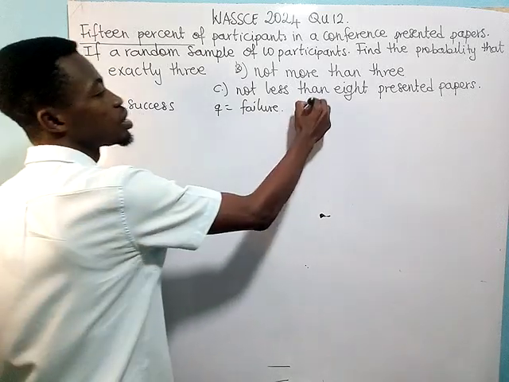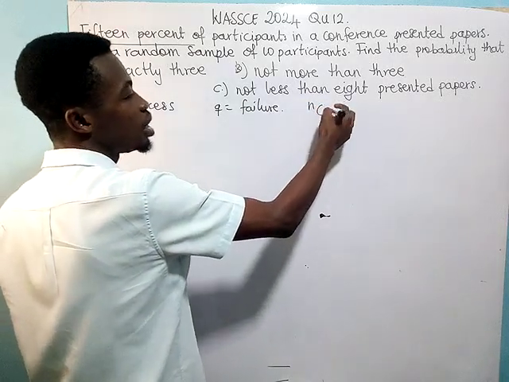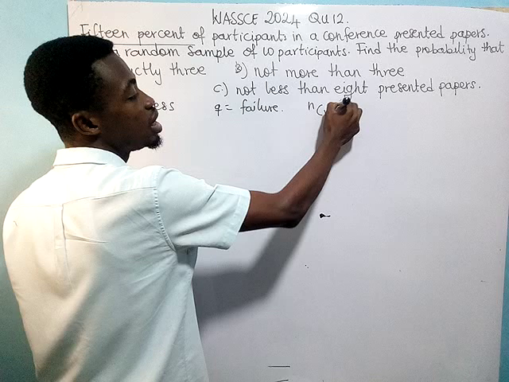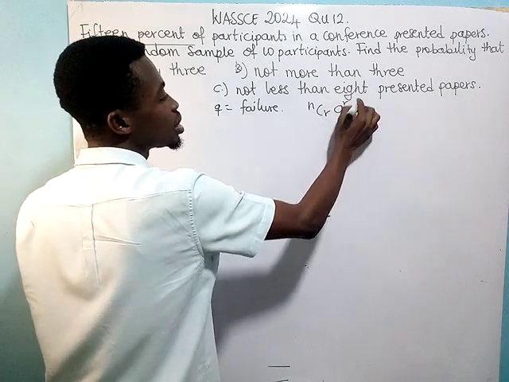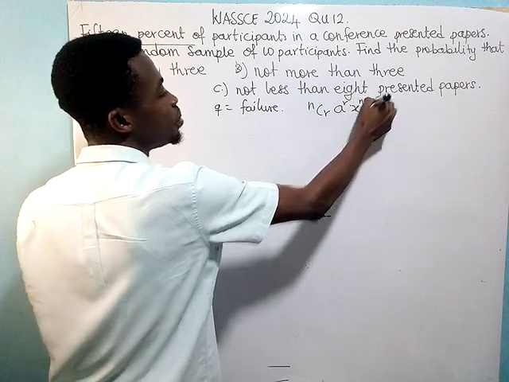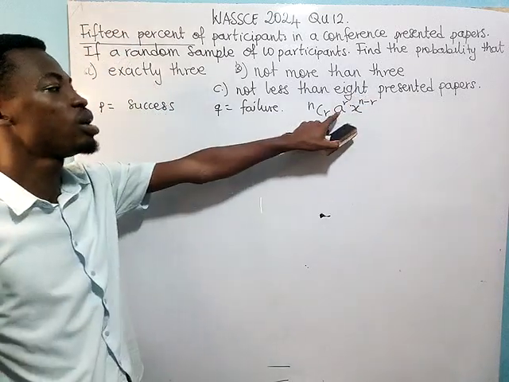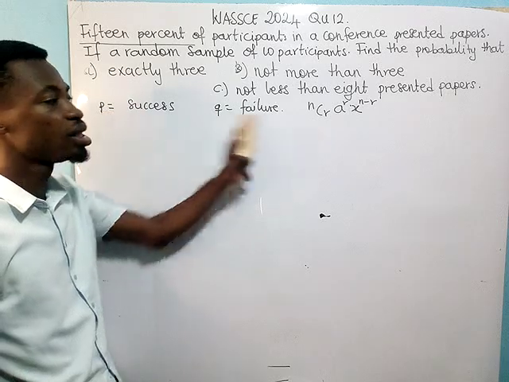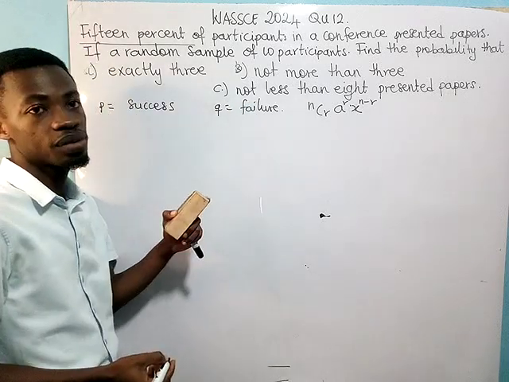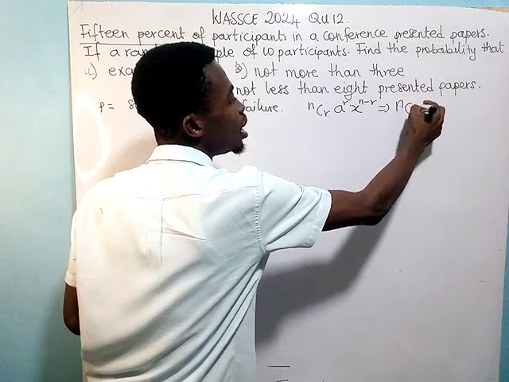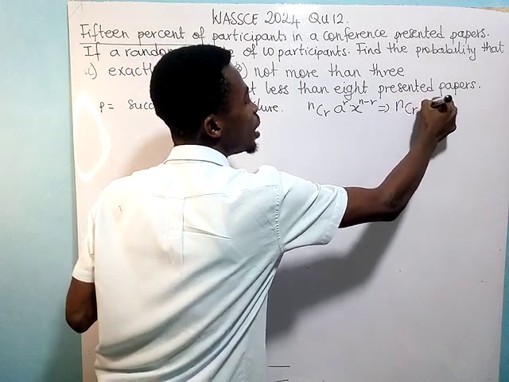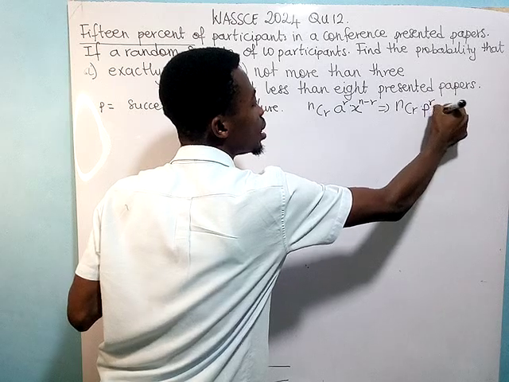So instead of n combination r, a to the power r, x to the power n minus r, we now use n combination r, p to the power r, then q to the power n minus r.